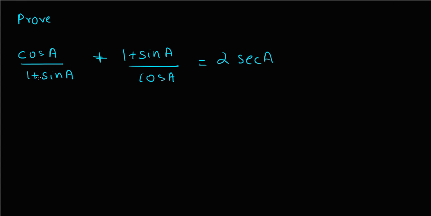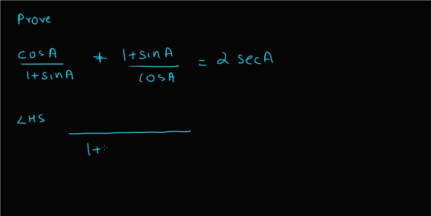This is my next question. Cos A by 1 plus sine A plus 1 plus sine A by cos A equal to 2 sec A. Now what I will do here is I'll take the LCM. So I'll start with my LHS and I'll take the LCM.